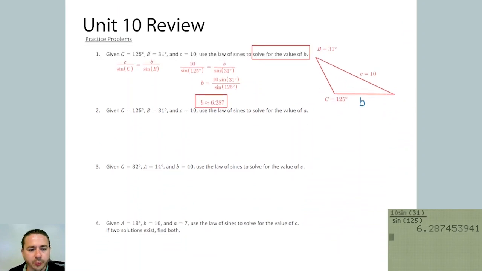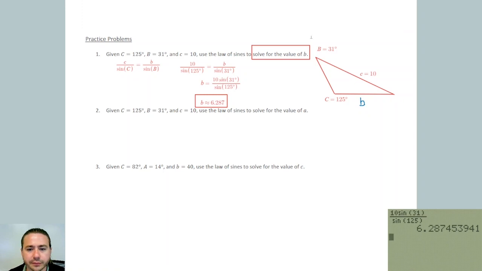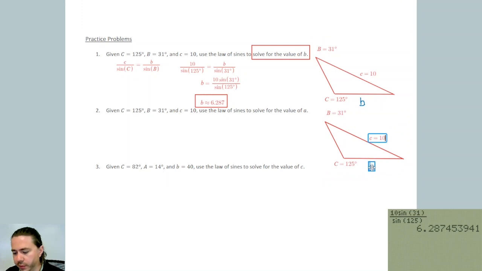All right, so number two, looks like a very similar setup. Oh, it is actually the same triangle, except now we're trying to solve for A. So this is just going to take us one step further. At this point, we have the exact same triangle, but we know what B is now.